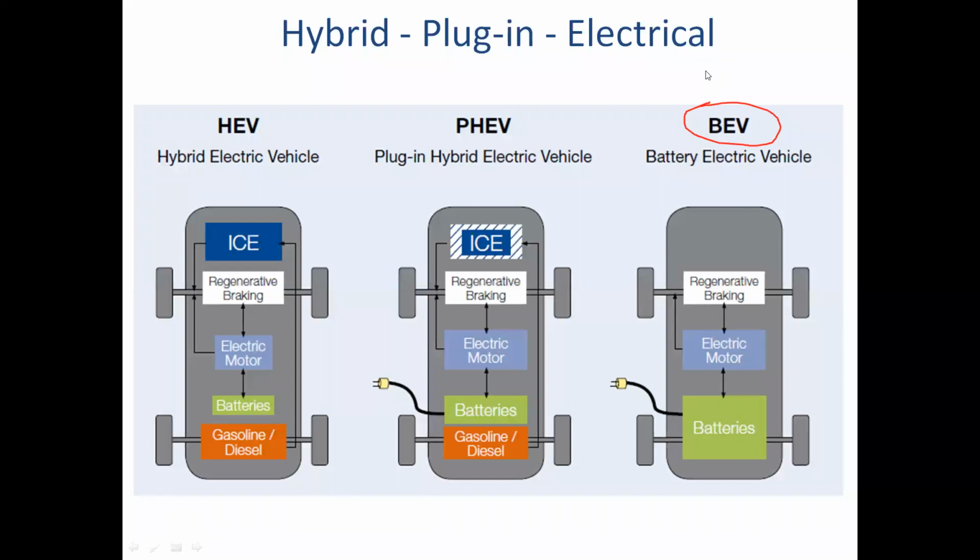If you compare from the hybrid electrical to the plug-in to the battery electrical vehicle, you'll find that battery size is huge now. That battery is connected to the electric motor, which gives power to the transmission and wheel. So that is the main thing in which there is no IC engine. So battery electrical vehicles are the vehicles which run purely on batteries.